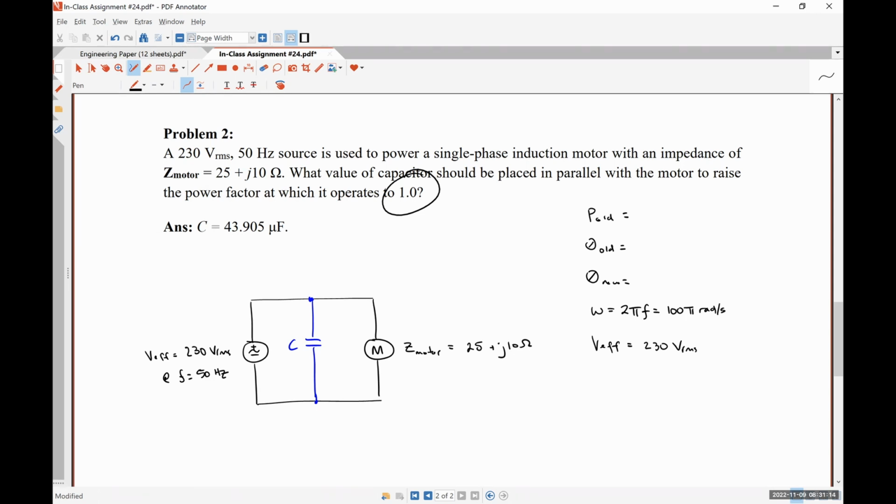Since the power factor is unity, theta new must be 0 degrees, because the inverse cosine of 1 is 0 degrees. So the only things that we need to figure out here are P old and theta old. Anybody have any thoughts on how we might do that?